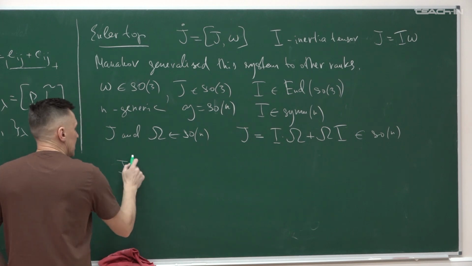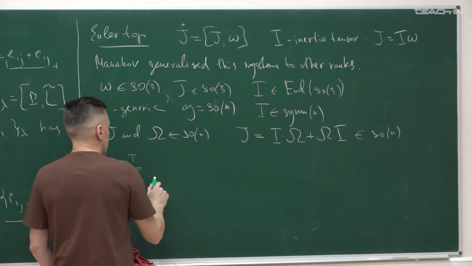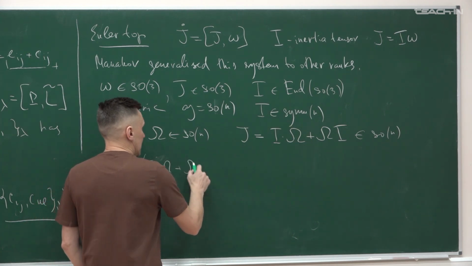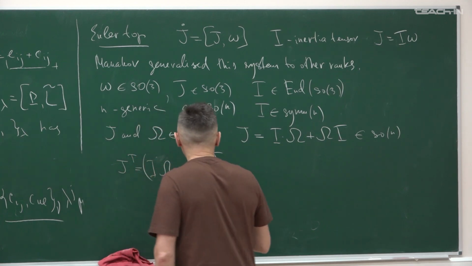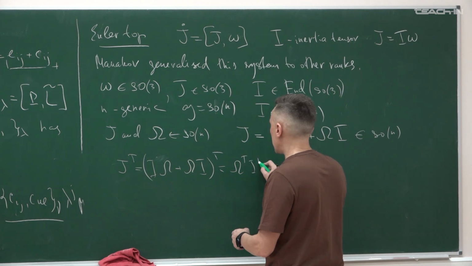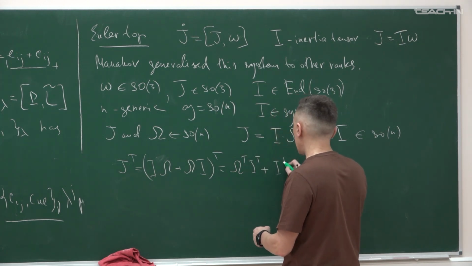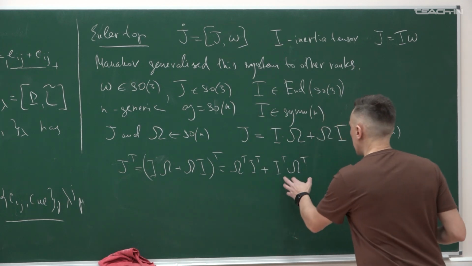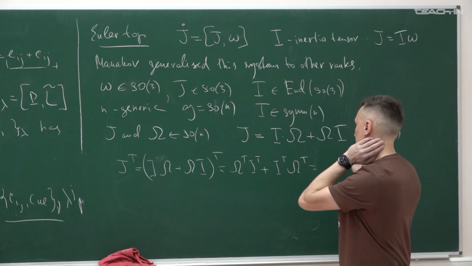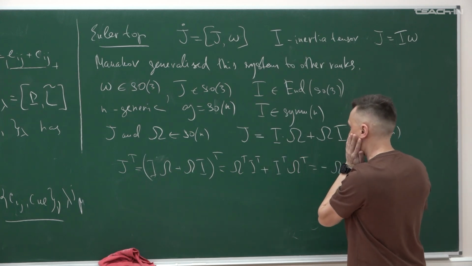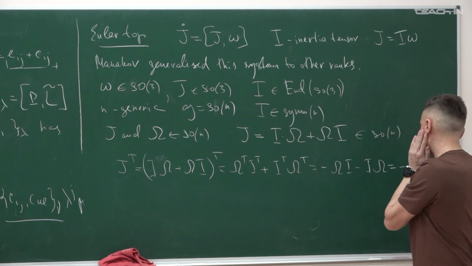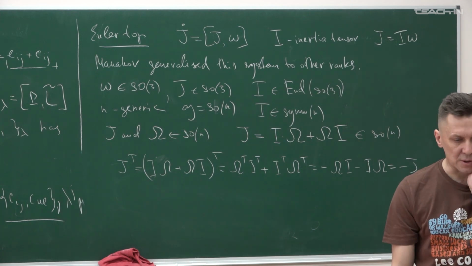So J transposed is omega transposed I transposed plus I transposed omega transposed, and here omega is skew-symmetric and I is symmetric, and that's why it is just minus omega I minus I omega, and this is minus J. So it's a skew-symmetric matrix.